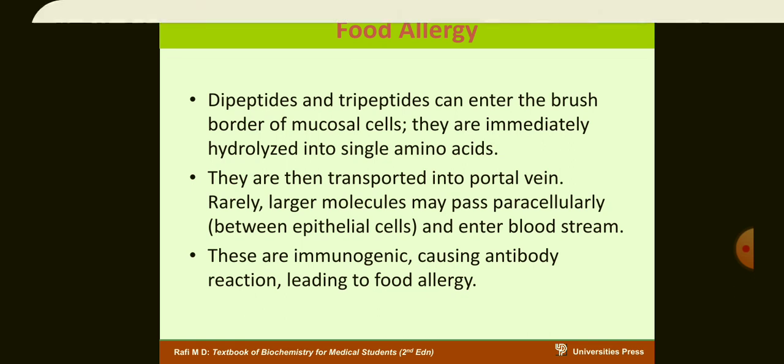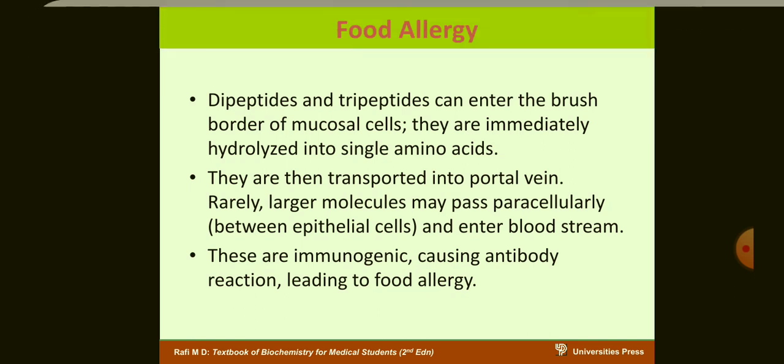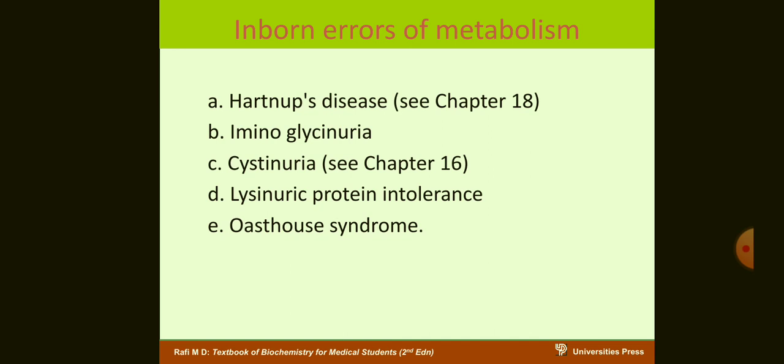A few amino acid inborn errors we will mention here. When we study the individual amino acid metabolism, there we will be discussing this part of amino acid absorption in detail. We mention here a few diseases, inborn errors of the amino acid metabolism. One is Hartnup disease. Second is iminoglycinuria.